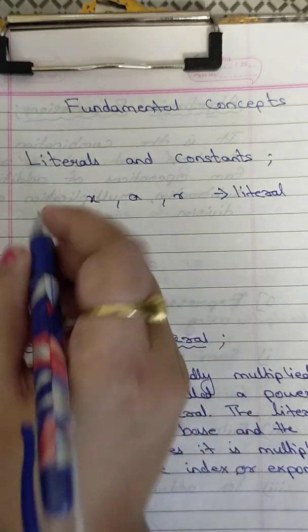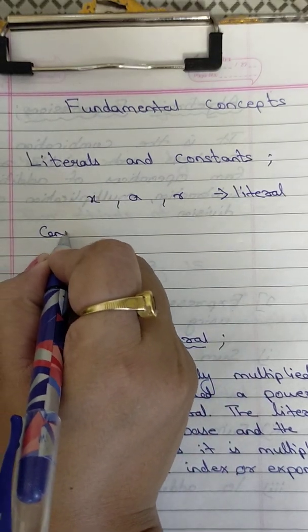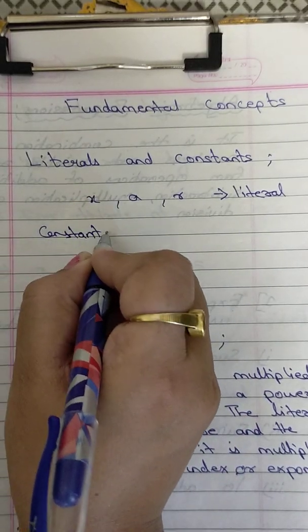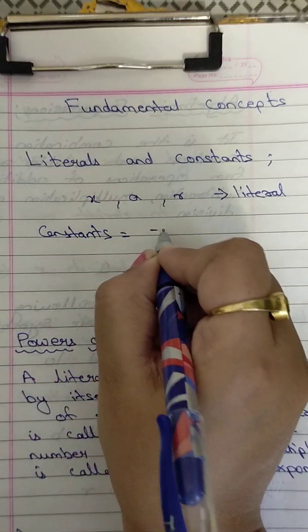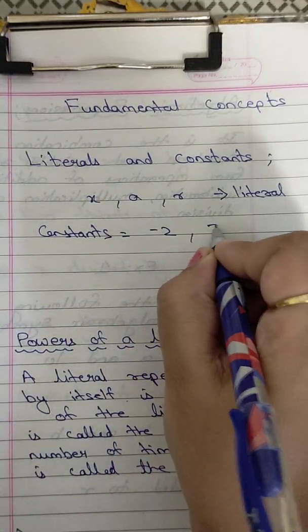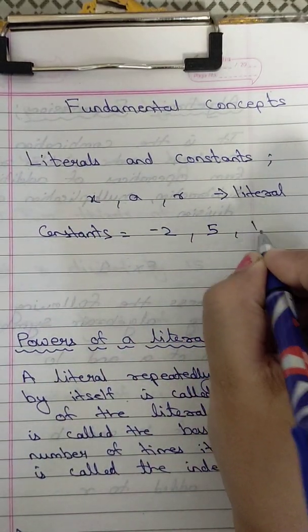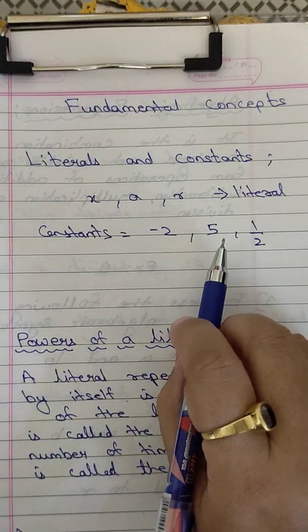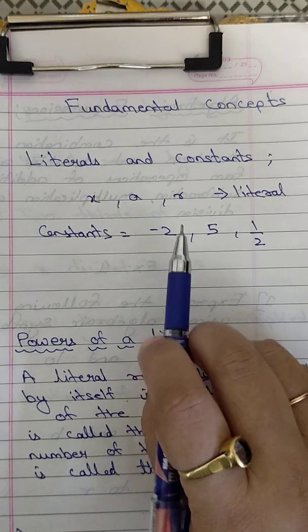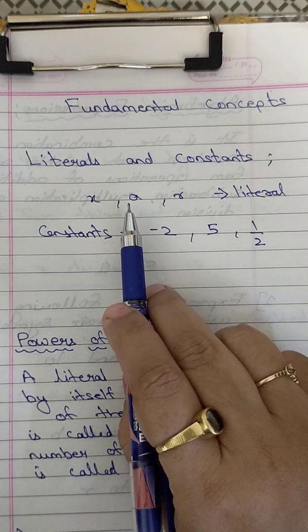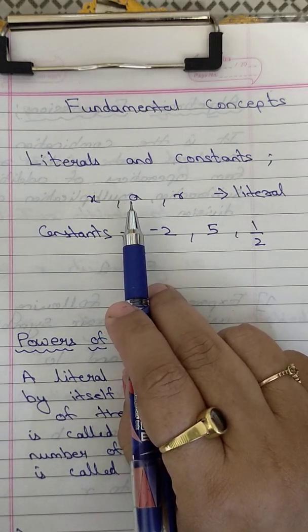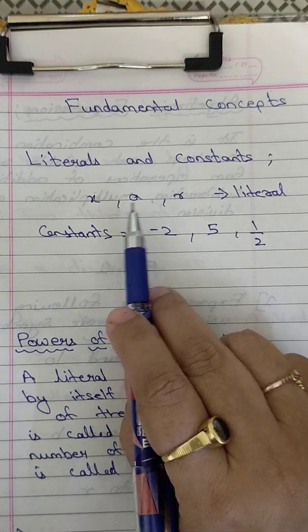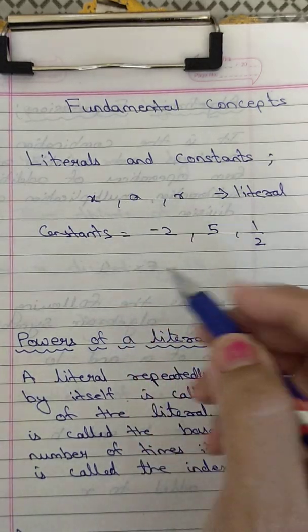Now comes constants. What are constants? Constants are numbers like -2, 5, 1/2. They all have a specific value, so they are called constants. Literals are also called variables because they vary along with the constants.